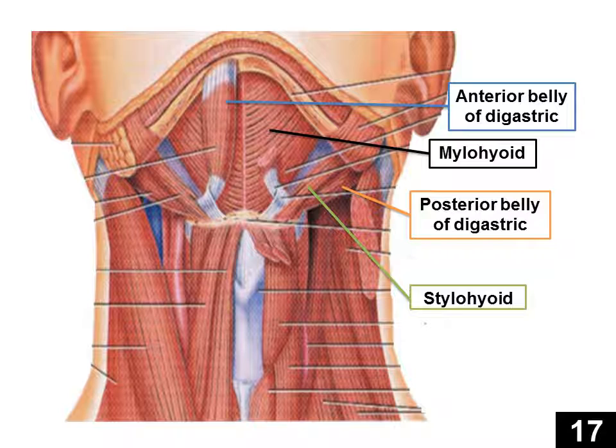نجي على العضلة الستايلوهايود اللي indicated by the green color arrow اللي هو تحت. The stylohyoid arises from the styloid process.